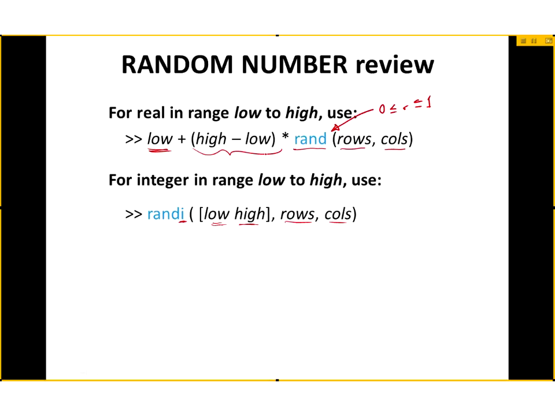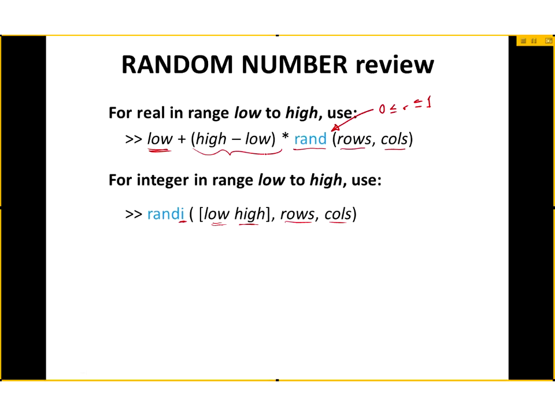You'll also remember that the rand function does not give true random numbers. They're pseudo-random. That is, they're generated the same way every time that you start MATLAB, and so you get a dependable set of random numbers, if you will, every time you restart MATLAB.